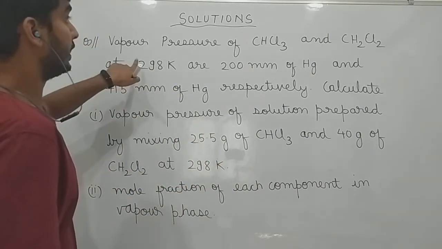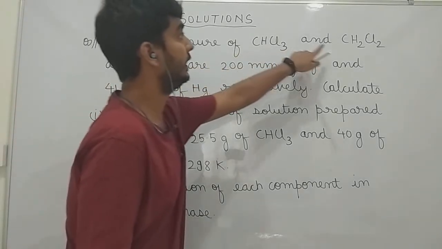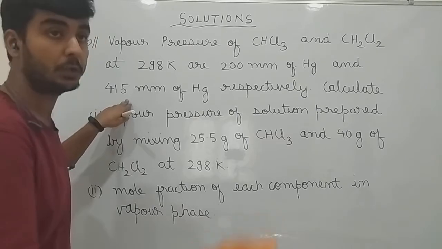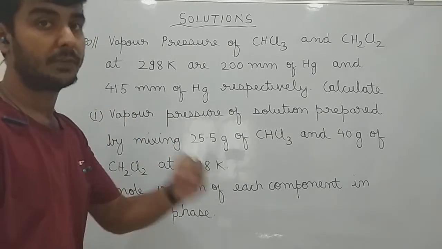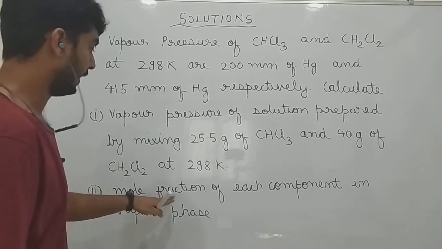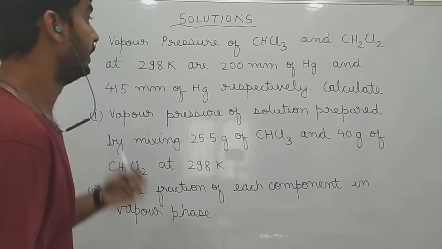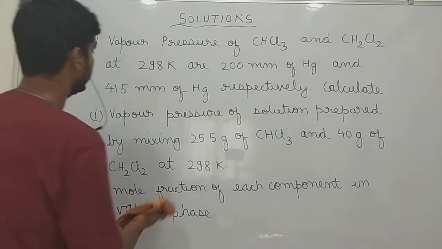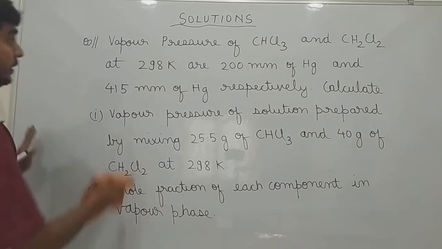As we know the vapor pressure of these two components in their pure state, we can make use of Raoult's law and find the total pressure. And then the second one will be making use of Dalton's law, we will see. So let us start with the solution. Kindly copy this question.